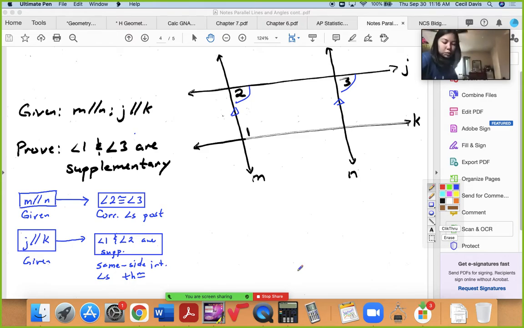Okay. Well, now, if I know angle 1 and 2 are supplementary, and angle 2 is congruent to angle 3, what new conclusion can I make based on those two things together? Angle 1 and 3 supplementary. Exactly. So this and this combined let me know that angle 1 and angle 3 are supplementary.